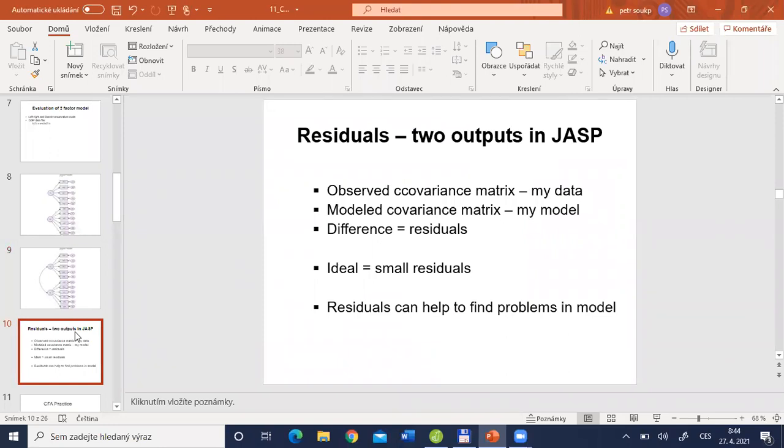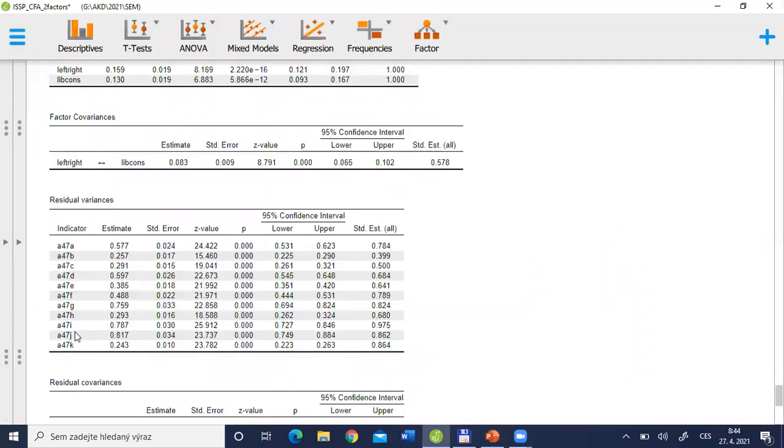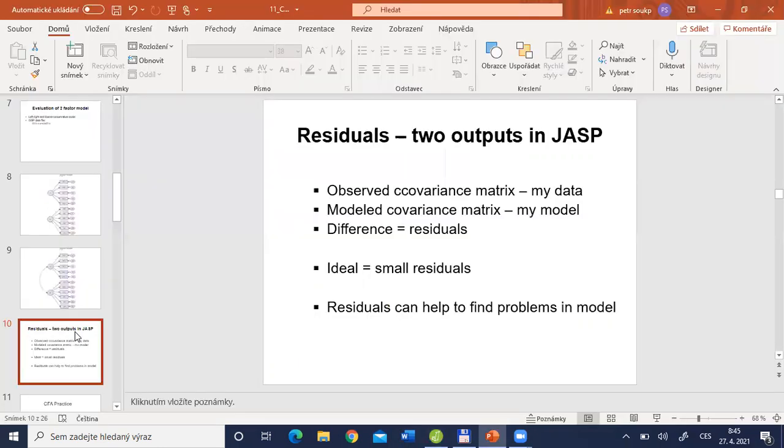We didn't discuss residuals in CFA or path analysis previously, but there is also one more diagnostic tool in structural equation models that can help to improve your model, and that's diagnostics of residuals.